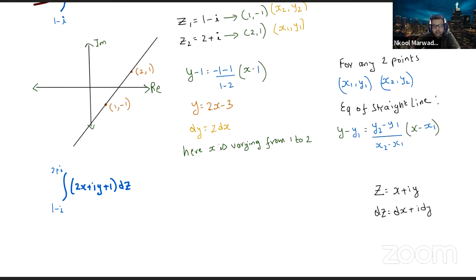So instead of dz, I can write dx plus i dy. Now we can do this, and I will show you how.